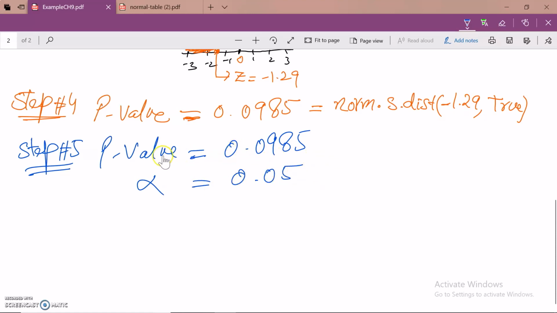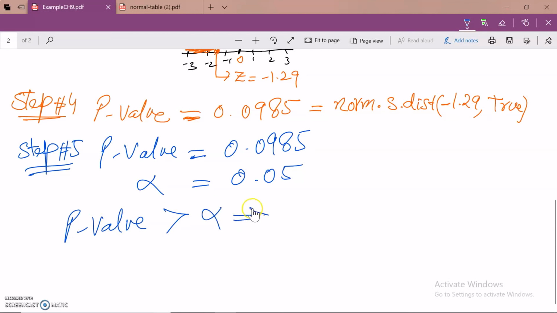So this is the p-value and this is the value of alpha, the significance level. In this fifth step, we compare the p-value with alpha. You can clearly see that this p-value is larger than alpha. So we note that the p-value is greater than alpha.